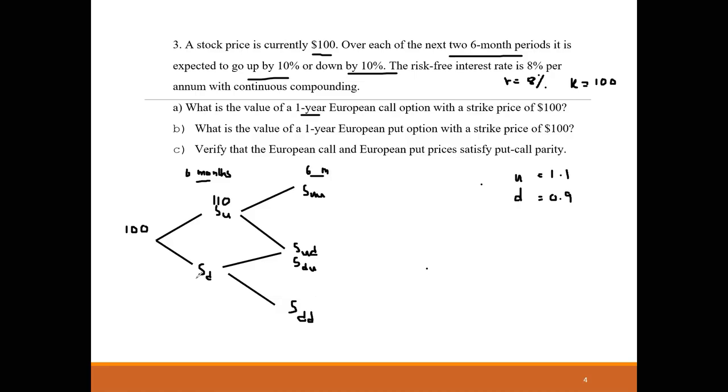SD will be 100 multiplied by 0.9, you will have 90. And then SUU would be 110 multiplied by 1.1, so again you will have 121. Here you can take again 110 multiplied by 0.9, which is 99. So even SDU will give you 99. And then SDD will be 90 multiplied by 0.9, which is 81.